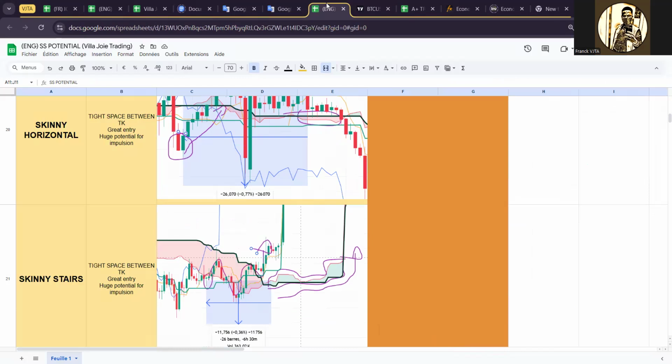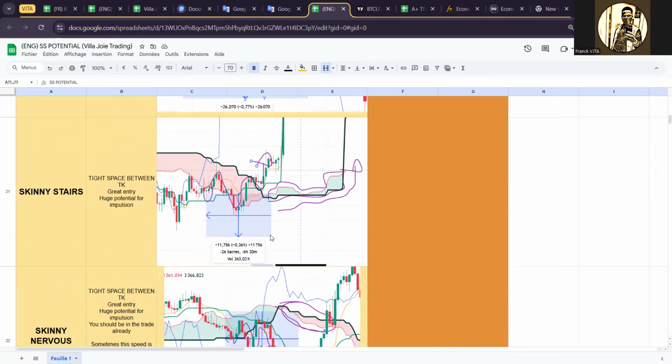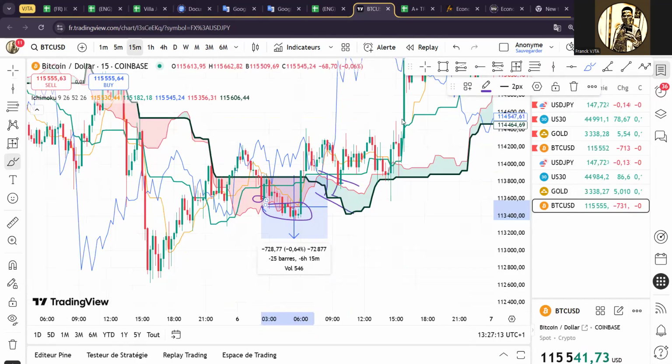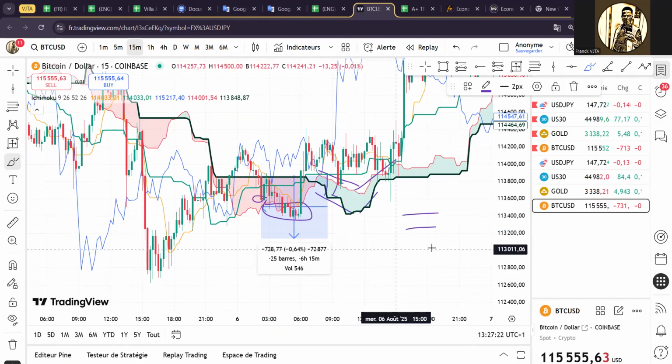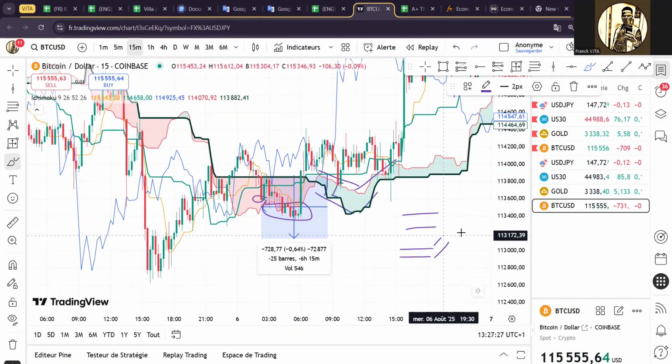But what I'm trying to say is that horizontal skinny and skinny stairs of the cloud are just giving you many opportunities, but that skinny has a lot of rail like this, a lot of rail, because it moves like a stair like this, right?